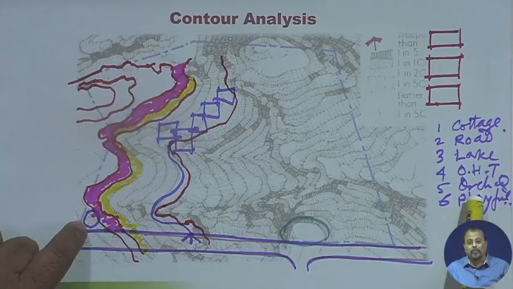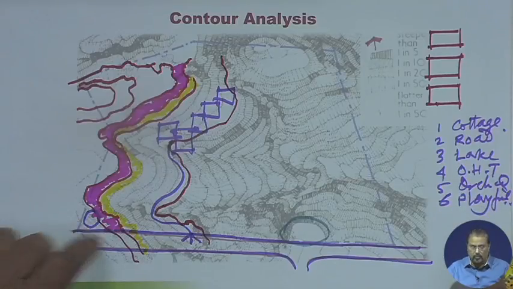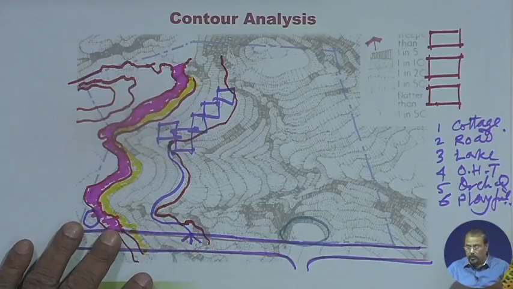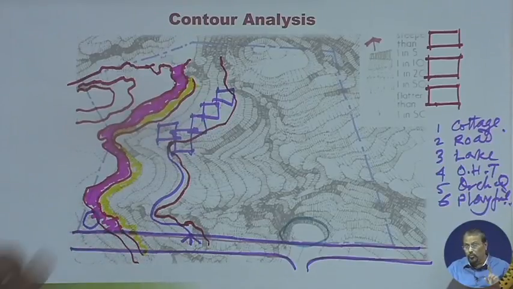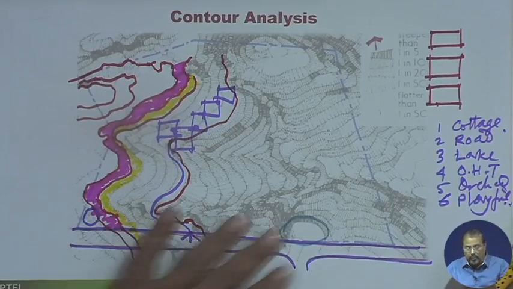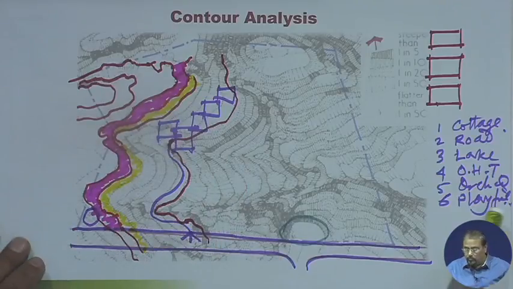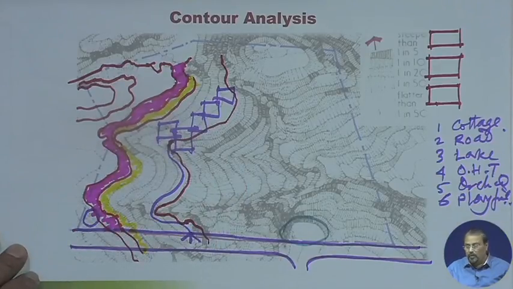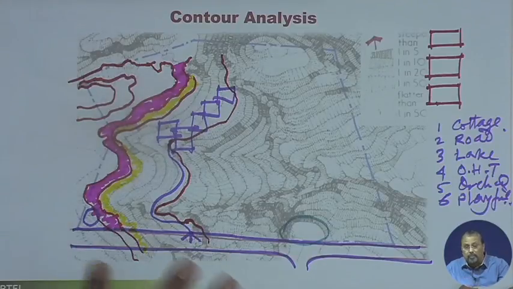The orchards can be anywhere. It does not become very critical in terms of its contours. It may be critical in terms of slope, but may not be for contour. So it can be anywhere where you think it can be done. The playfield, when you are placing, you will try to find out which area has the maximum amount of the same plane.